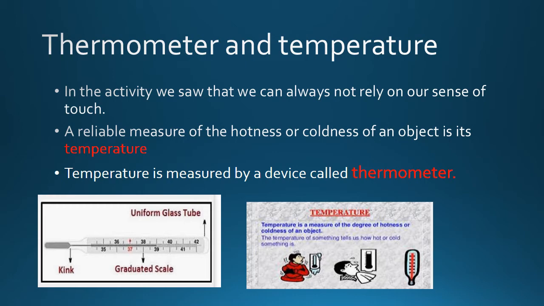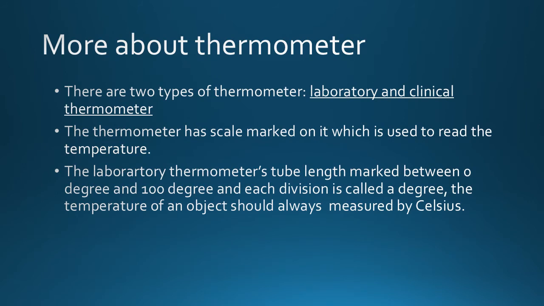And here I have inserted a picture. I hope you can see. Here we have a uniform glass tube, then we have this scale, and here is the kink. More about the thermometer. There are two types of thermometer, the laboratory and the clinical thermometer.